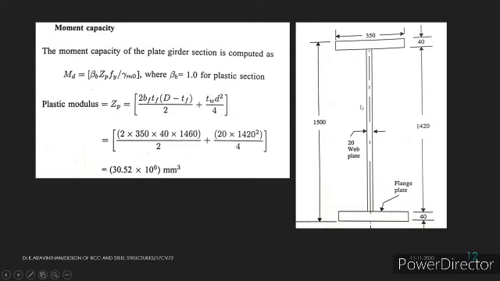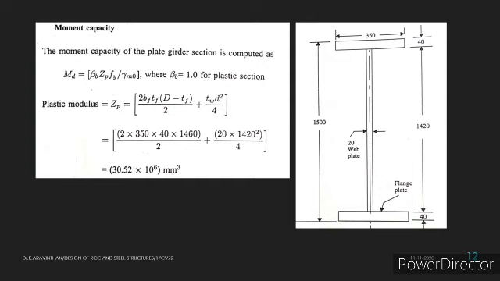So for the web component, the thickness of web will be 20 and the depth of web is d square, so 1420 square divided by 4. If you need further detail on how to find the section modulus, this will come under the moment of inertia.